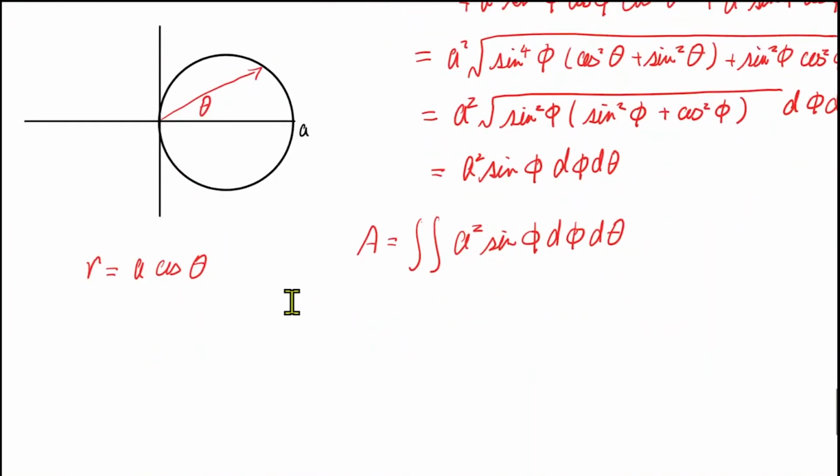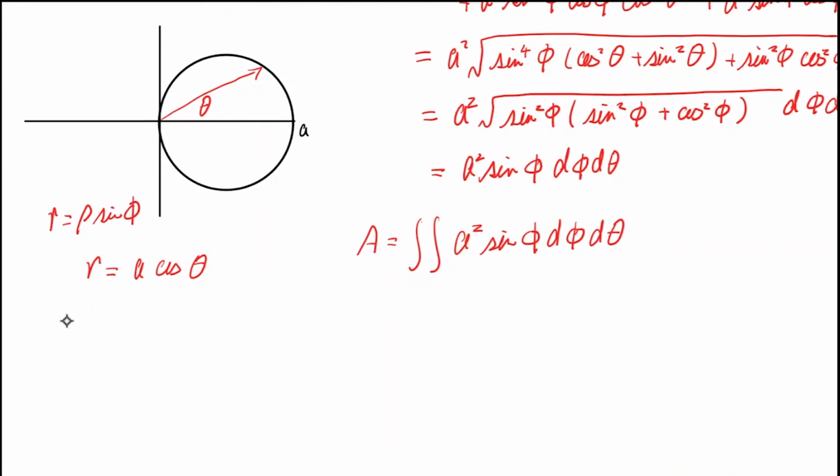So let's see, what is r when we are doing spherical coordinates? I think r was rho sine phi, correct? Do you remember that relationship that our r used to be rho sine phi?